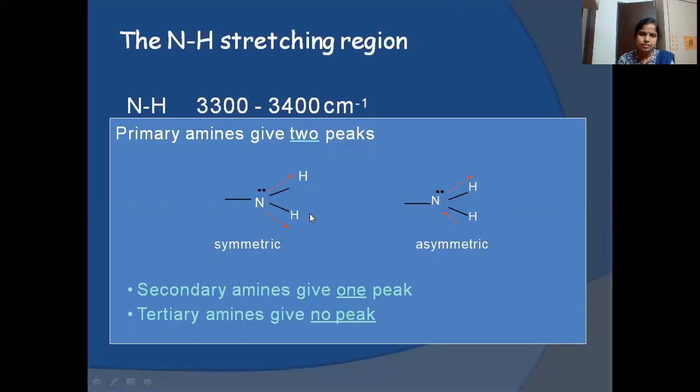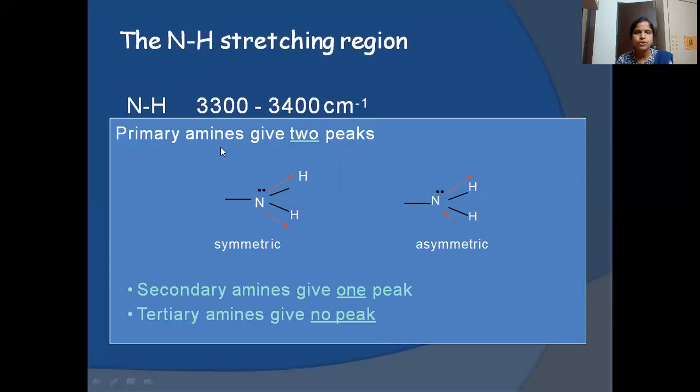Here again we can find two types of stretching vibrations, symmetric and asymmetric. In the symmetric stretch, both hydrogens move away, whereas in the asymmetric stretch, one hydrogen moves towards the nitrogen while the other moves away. Because of this, 2 bands appear for primary amines.